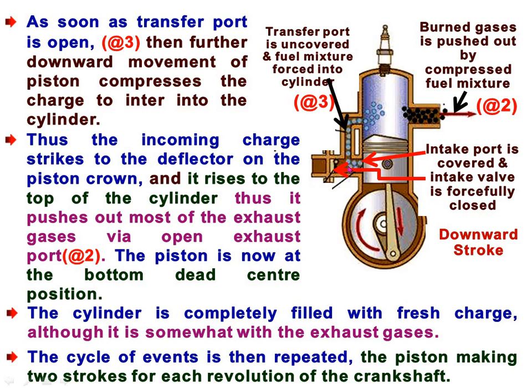As and when the new charge enters the cylinder, it strikes the top of the piston, deflects and rises upward, and during that upward movement, it pressurizes the exhaust gases to expel out from our exhaust port.